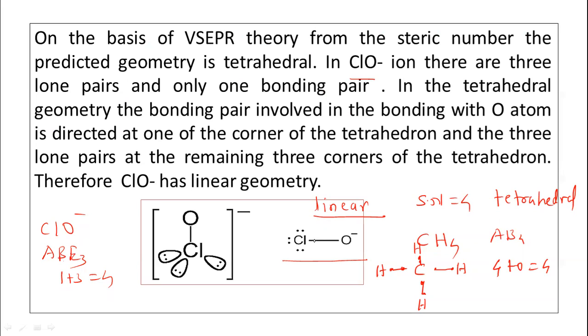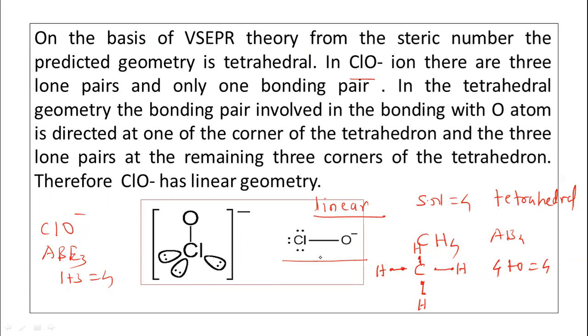Only one bonding pair electron is there, so only one bond is there. So it has linear geometry. That is, the hypochlorite ion has linear geometry. On the basis of VSEPR theory, we have to represent the lone pairs of electrons in the geometry of the molecule in such a way that there is minimum repulsion between the lone pair electrons, so it does not affect the bonding pair electrons.